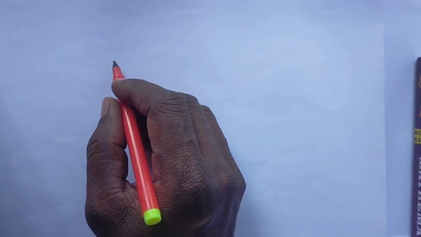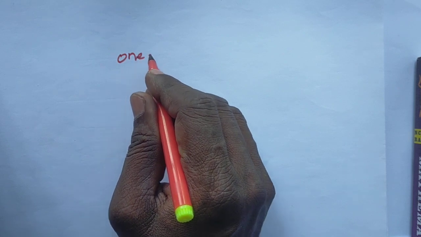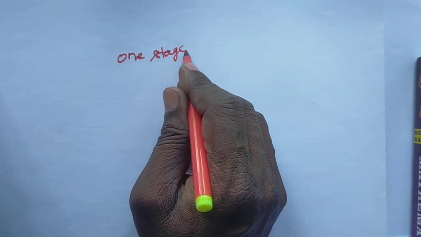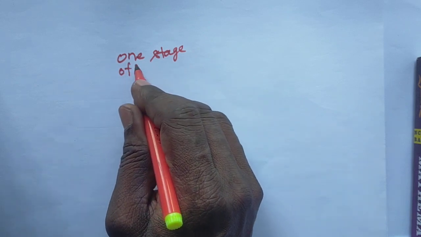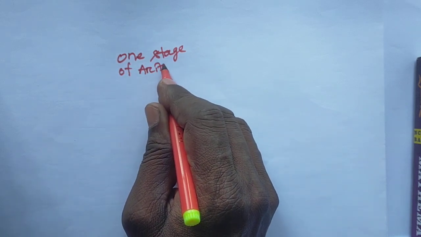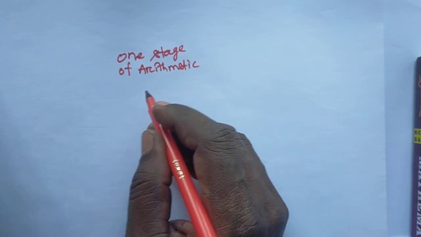So here are 2 parts. One is the arithmetic circuit. That one stage of arithmetic circuit I will tell you, then you can understand. That is one stage of arithmetic circuit.